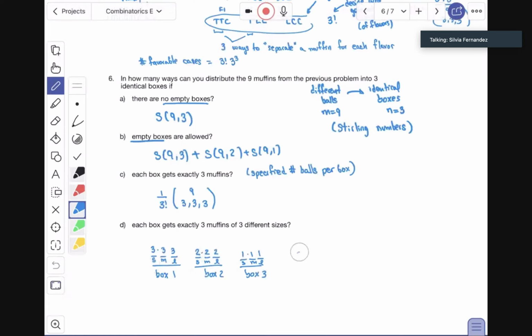So this one is 3 factorial cubed. And this is if the boxes were different.